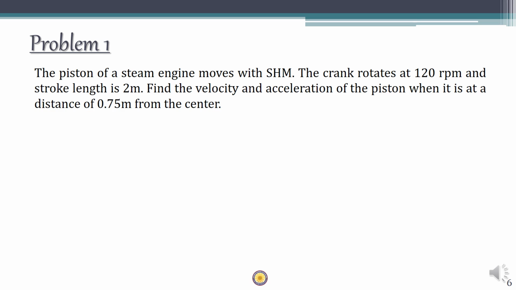So amplitude will be 2 by 1. Now we are asked to find the velocity and acceleration at a position when it is at a distance of 0.75 meter from the center. So 0.75 meter is nothing but your y. From n you have to find omega, and from stroke length you can get radius or amplitude. R is equal to half of this.